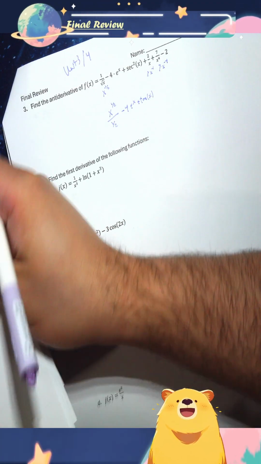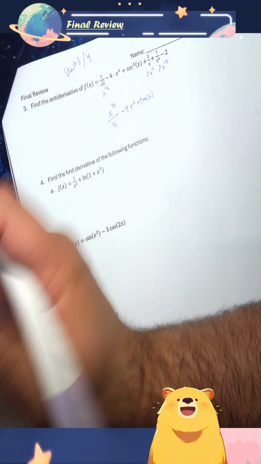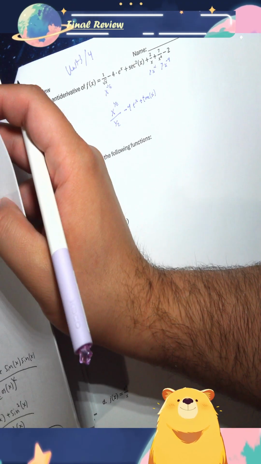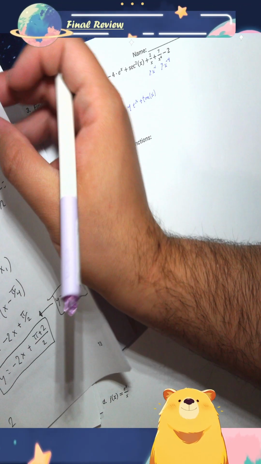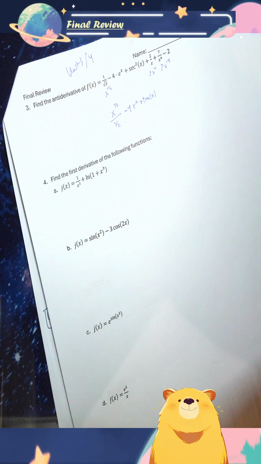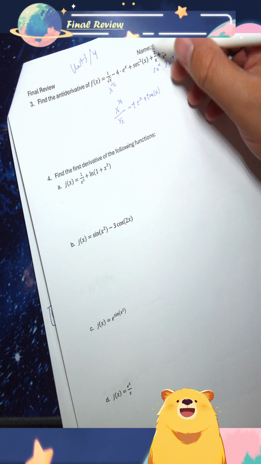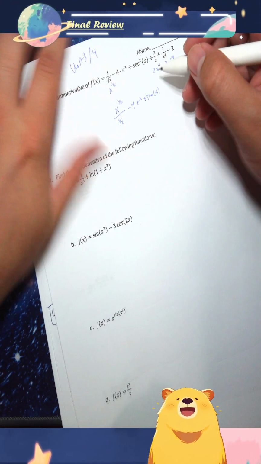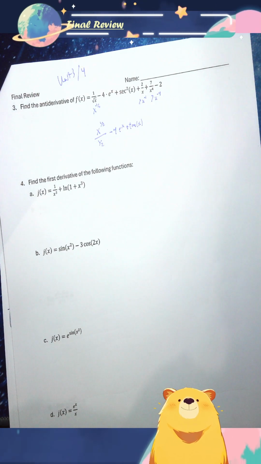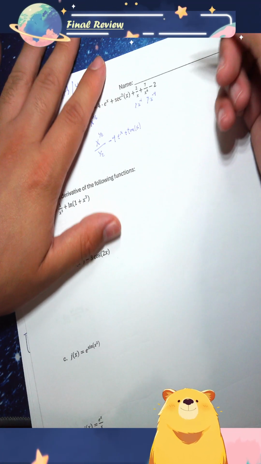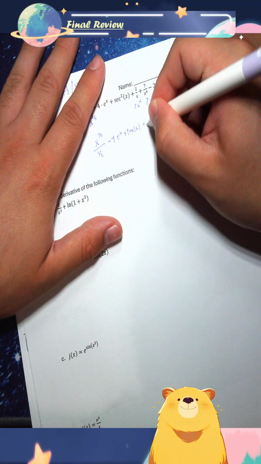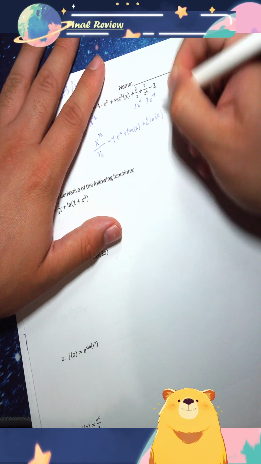Let me just double check that derivative real quick. Yeah, okay. And then from here, I did the power rule notation switch, but technically, adding 1 is divided by 0, so we know it's supposed to be ln, so plus 2 times ln of x.